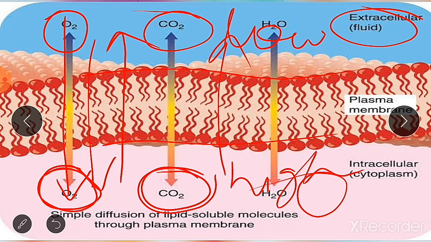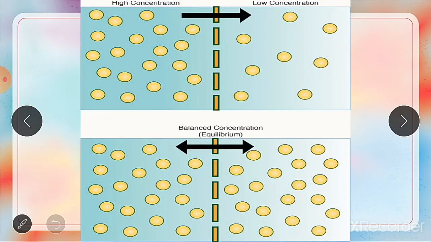So this is the simple diffusion of lipid soluble molecules through the plasma membrane. Here you will get another idea. So molecules are moving from high concentration to the low concentration, and there is an equilibrium. Equilibrium means both the sides inside and outside the cell, when there is a balance in concentration, we say that it is the equilibrium, okay.